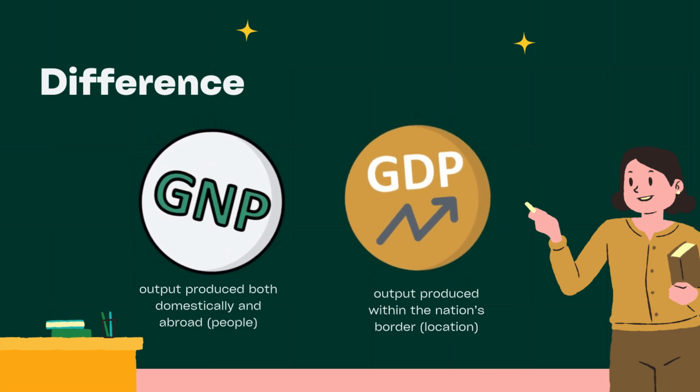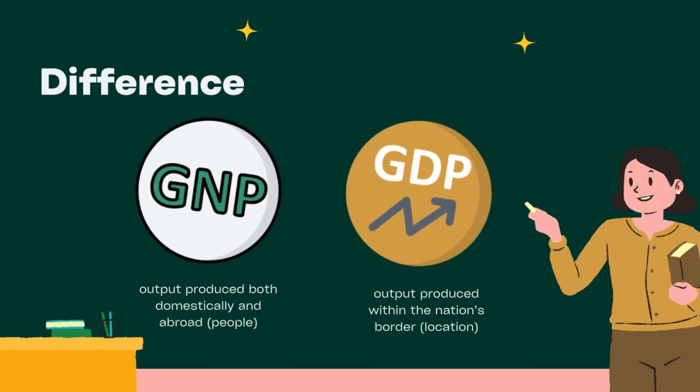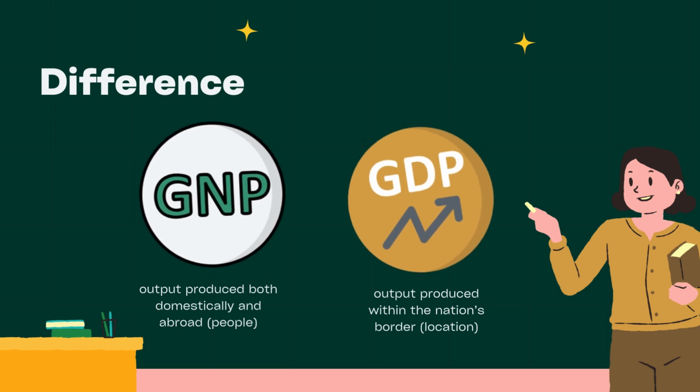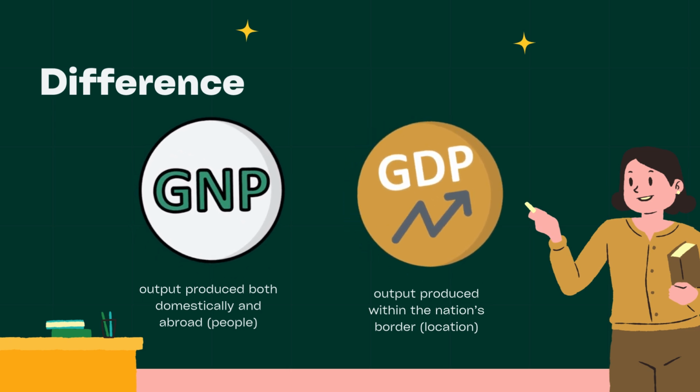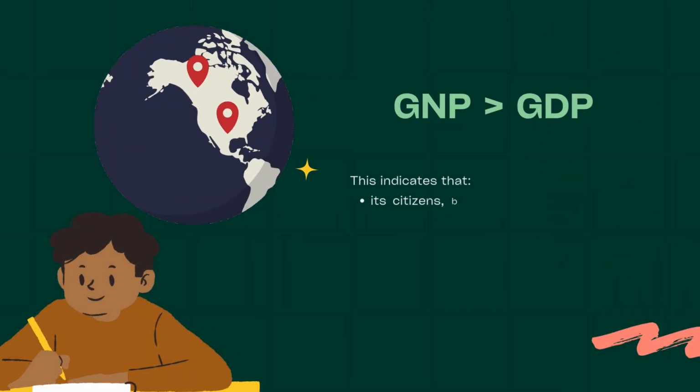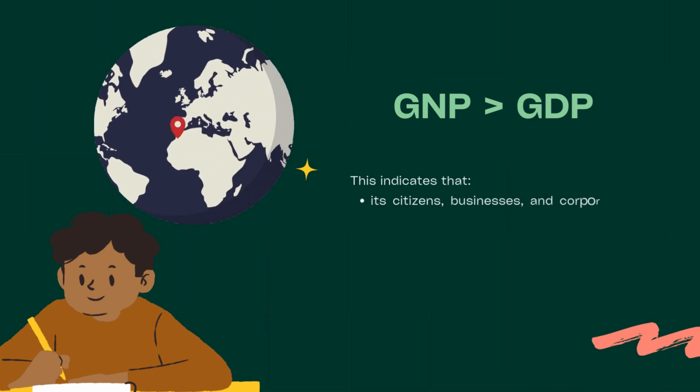This distinction is crucial for understanding a nation's economy as it tells us how much of a country's wealth is generated through international engagement. Let's consider an example. Imagine a country with a gross national product that's higher than its gross domestic product.